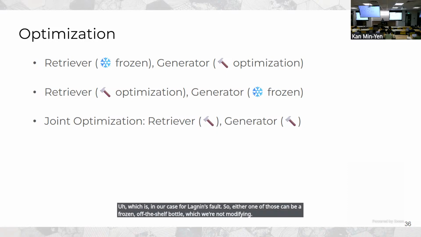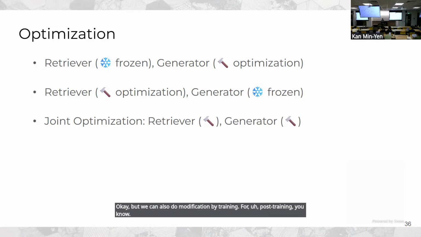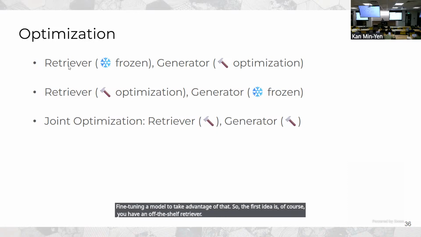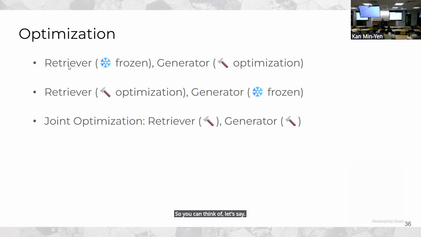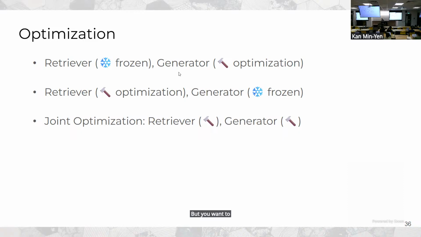But we can also modify it by training, post-training, or fine-tuning a model to take advantage of that. So the first idea is, of course, you have an off-the-shelf retriever. You can think of, let's say, using an API call to Bing or Google, right? So it's frozen, you don't have any control over it, right? But you want to use your LLM, your generator, to do a better job, right? So that's one possibility.